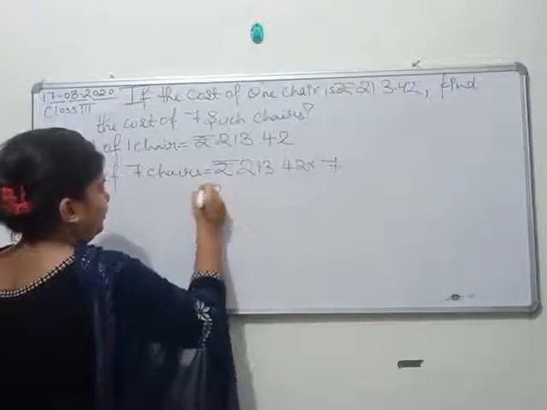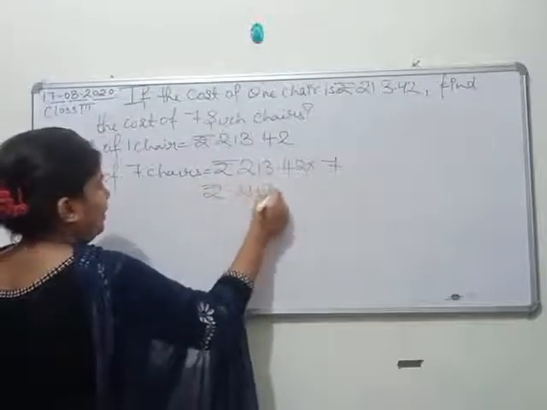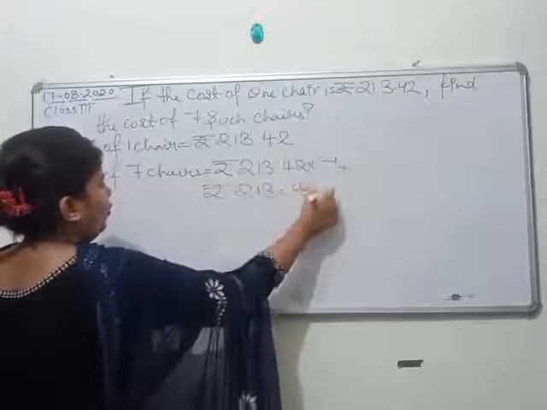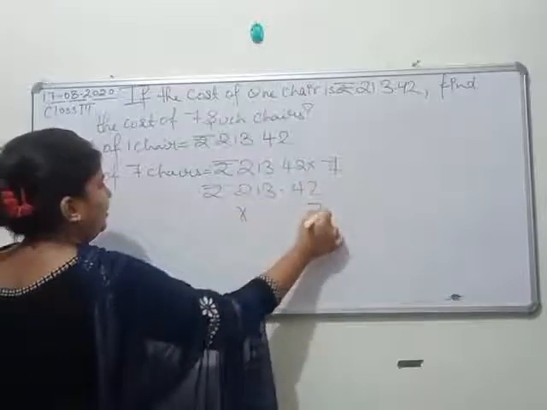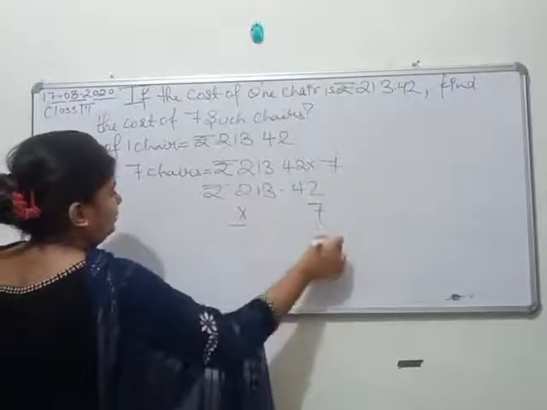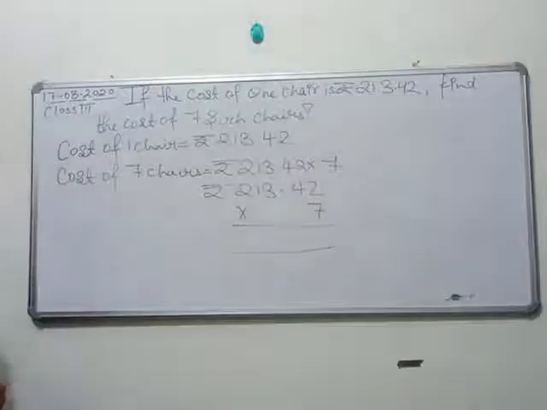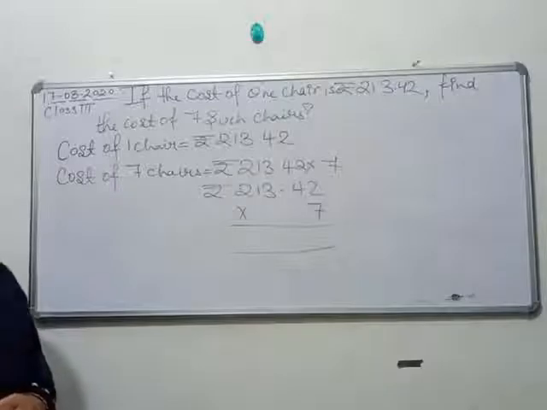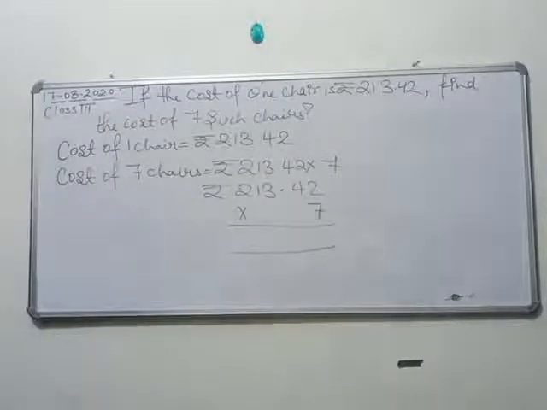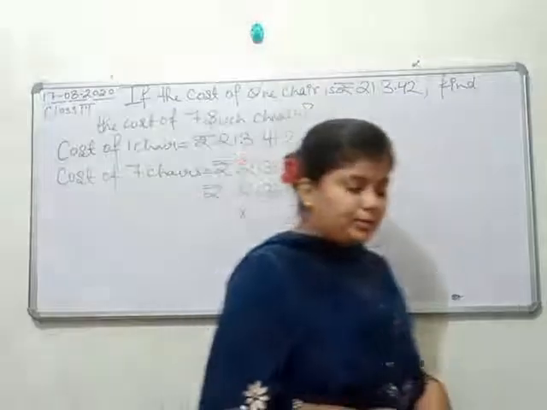That means 213 rupees 42 paisa multiplied by 7. Do the multiplication. Come on, do the question.